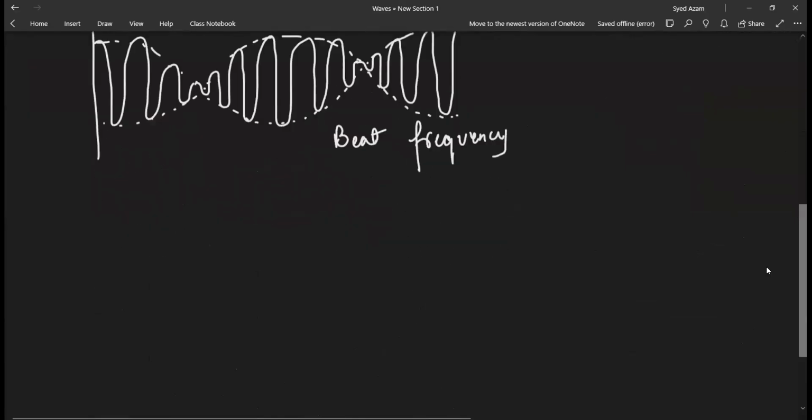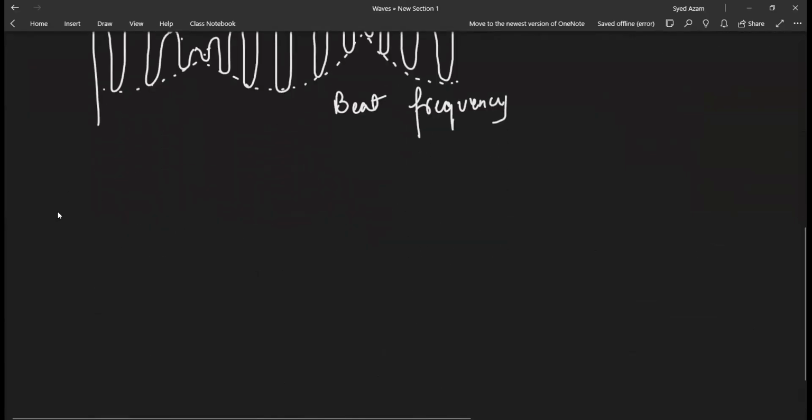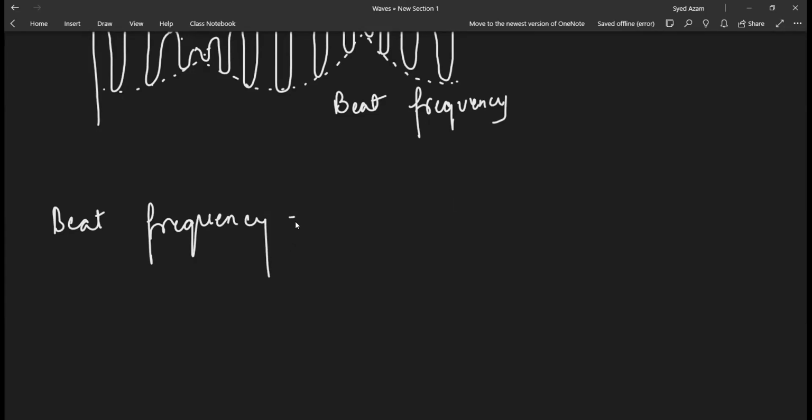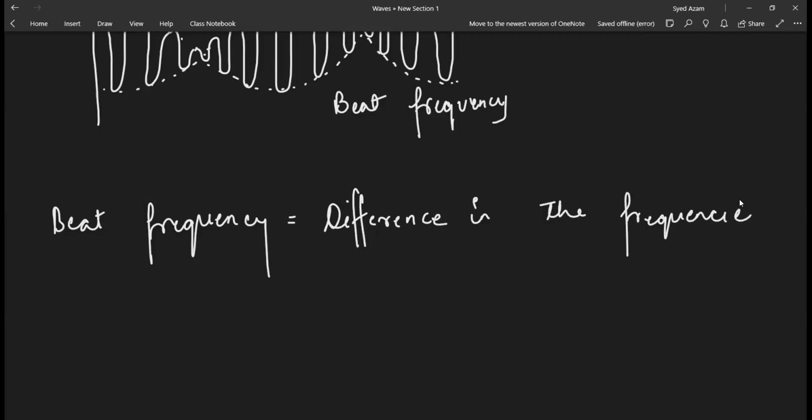Now, how do we calculate these beat frequencies? It's very easy. Easiest formula in your entire physics. Beat frequency is equal to the difference in the frequencies of the two superimposing waves.